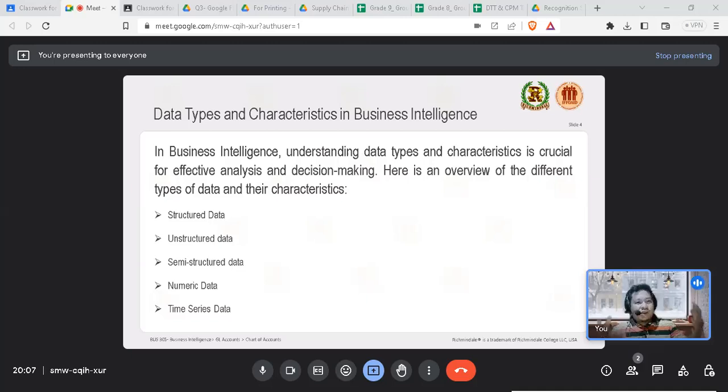Structured query language, or SQL, is commonly used to retrieve and manipulate structured data, allowing users to perform complex operations like filtering, sorting, aggregating, and joining tables. The structured nature of the data simplifies these operations and enables efficient data analysis.